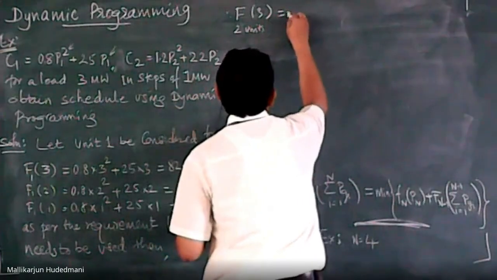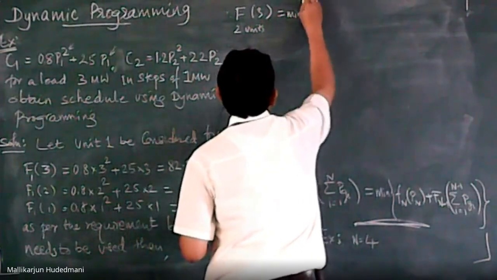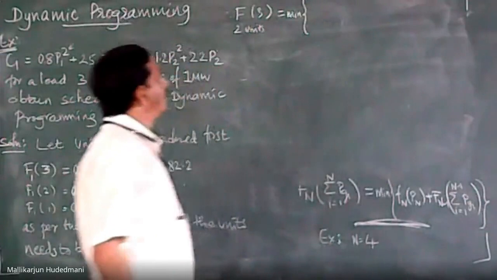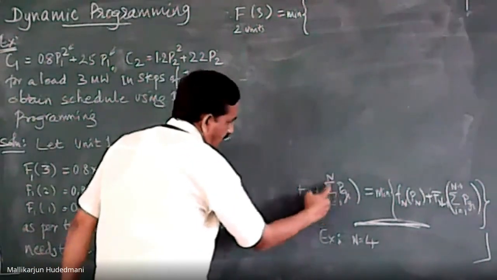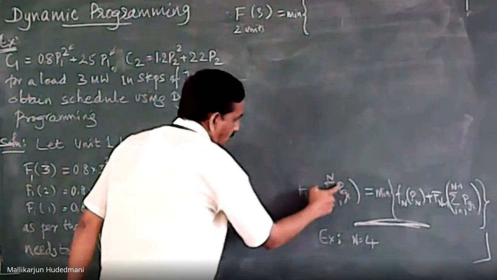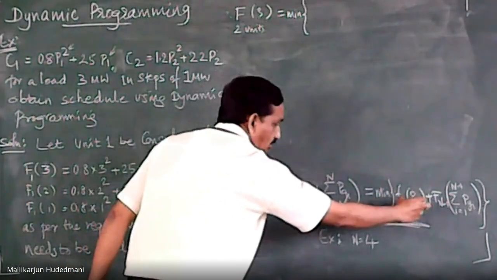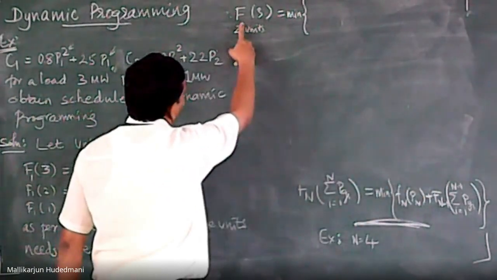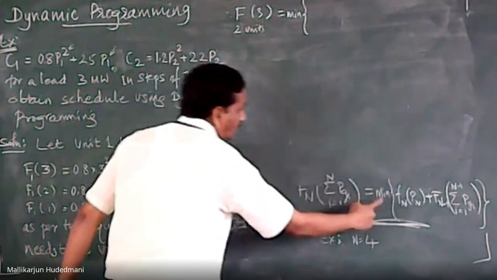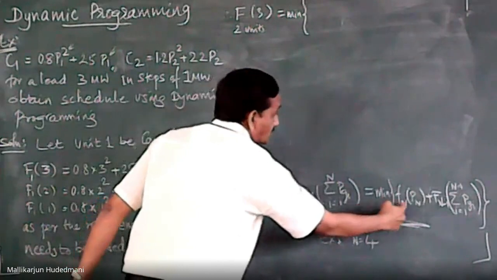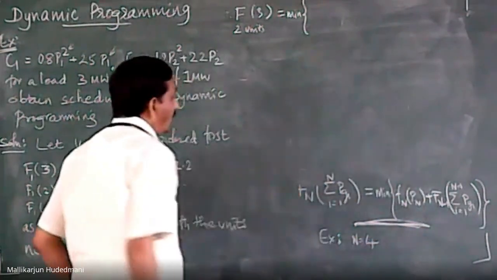You can say min of what I am writing here. The production cost of a total of 3 megawatts is a split of production cost. The total production cost of 3 megawatts from 2 units is equal to the minimum, such that this combination I will write. How do I write it?